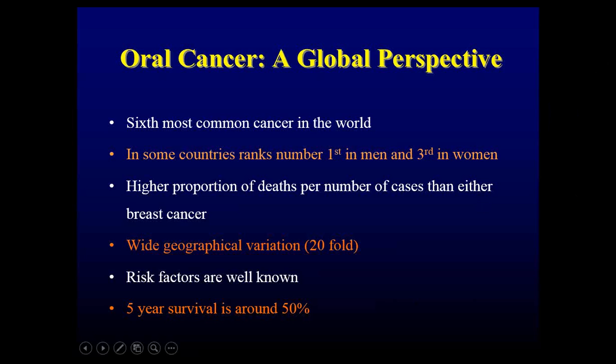And also, there's a wide geographic variation, again as a result of certain risk habits which are used by people in different parts of the world.